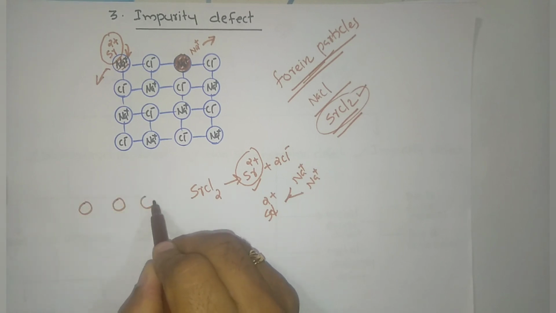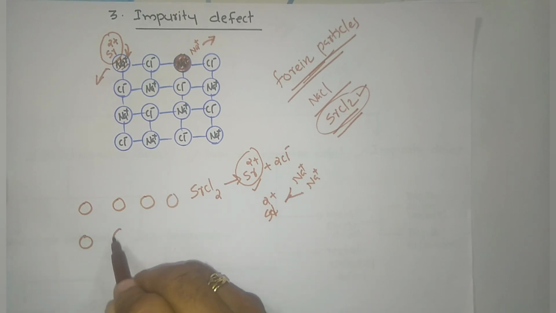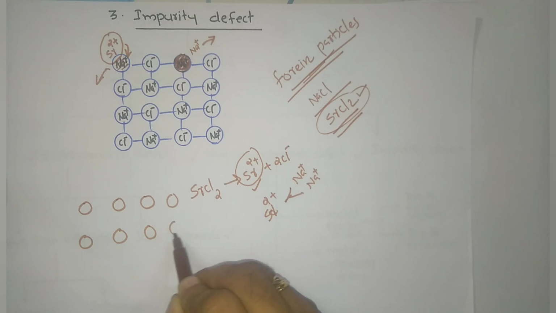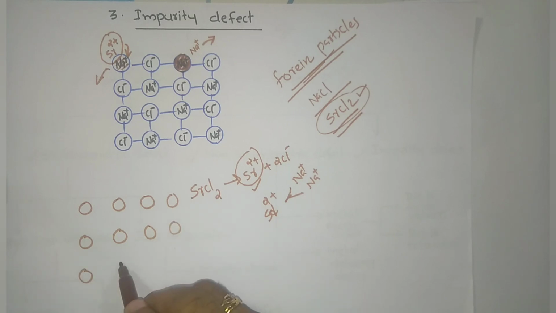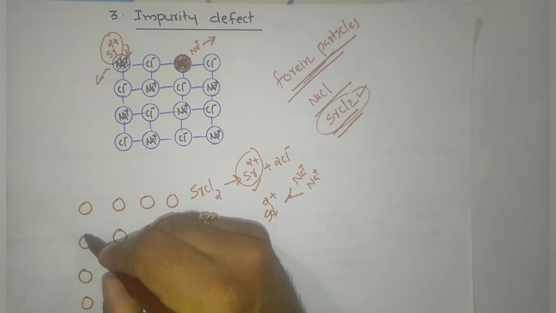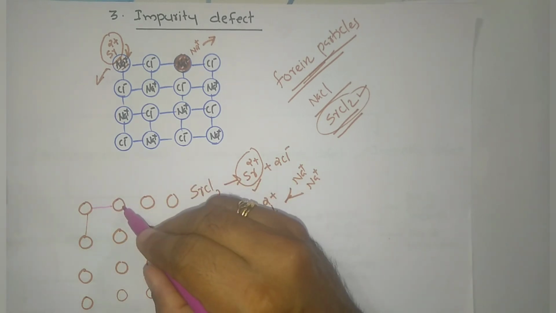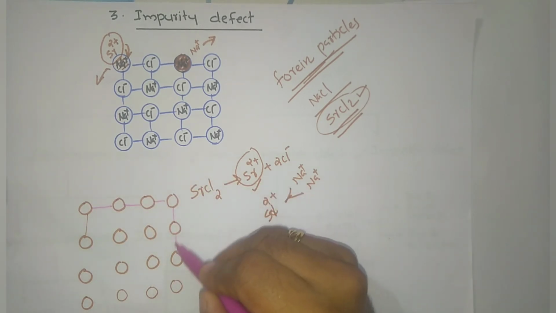The structure is like this. Here, this is the crystal structure of NaCl.